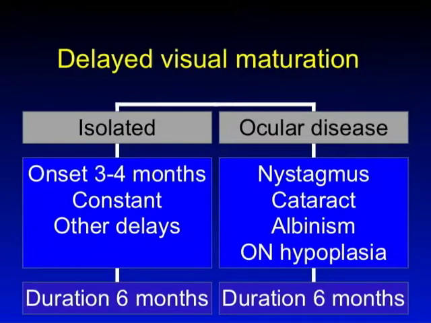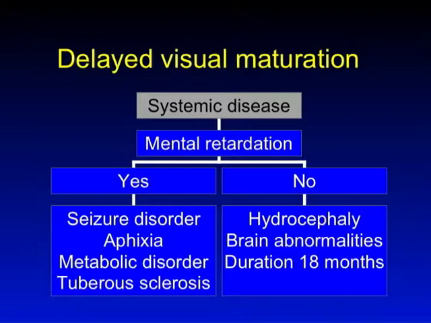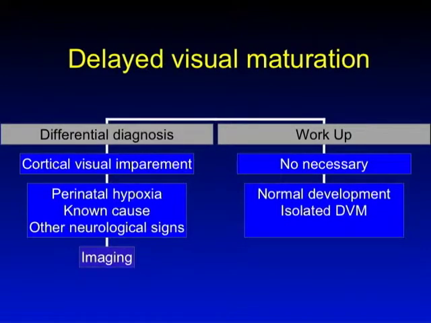So that's the only indication to do imaging study on delayed visual maturation. It's usually also associated with other delays, and delays in the visual evoked potentials, auditory evoked potentials too. This is what I just mentioned. So the differential diagnosis will be, of course, Leber congenital amaurosis or cortical blindness, especially in patients that have no other findings.